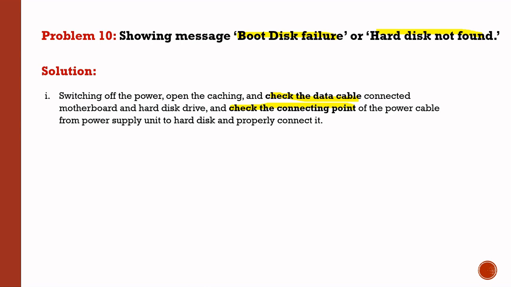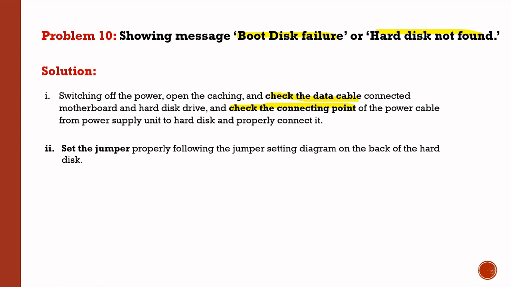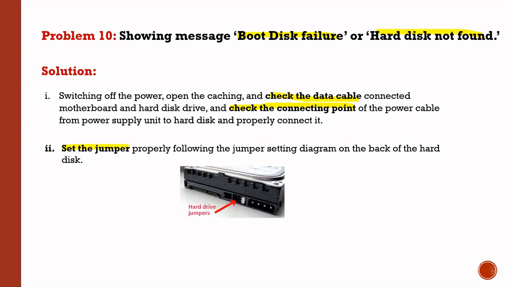Then we have to set the jumper properly. Do you know what a jumper is? Look, this is the diagram. This is the hard disk, and on the back of the hard disk there is a jumper.